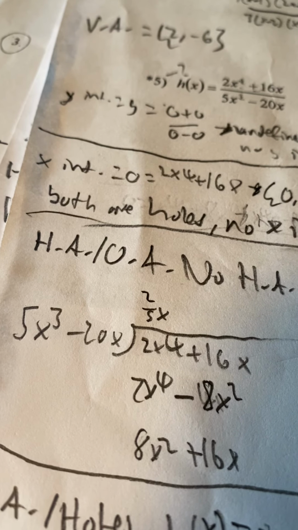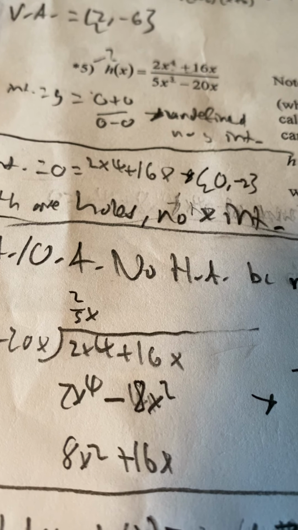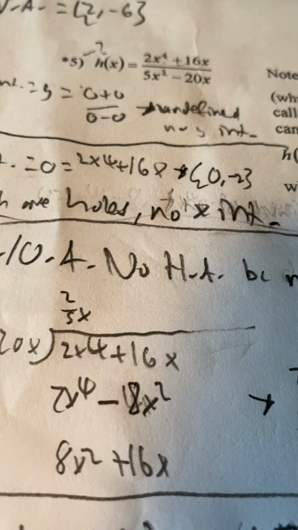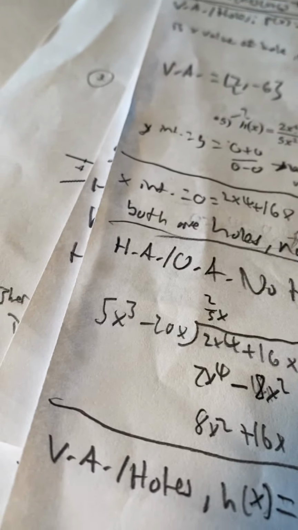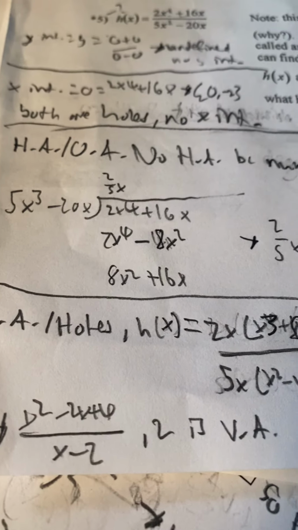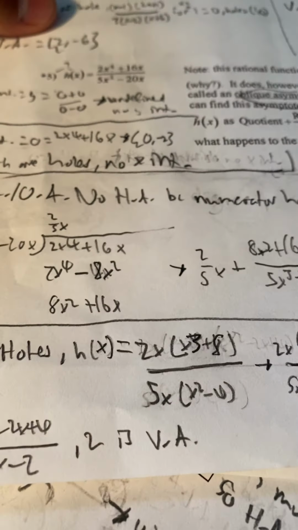And then the x-intercept, 2x to the fourth plus 16x equals 0, so I found the answer to be 0 and negative 2, but both are holes, I found out, so there's no x-intercept as well. So it doesn't touch the x or y lines.